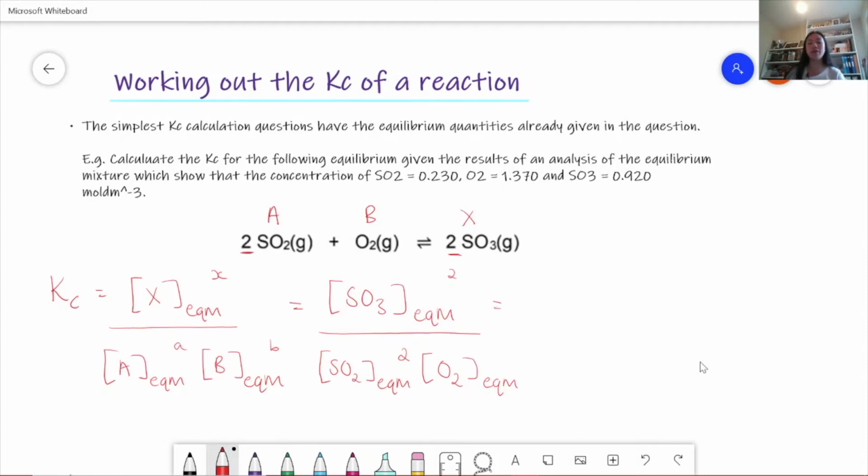So it's really important to remember that Kc measures the ratio with the products at the top, because if you did this fraction the other way around, it wouldn't work.